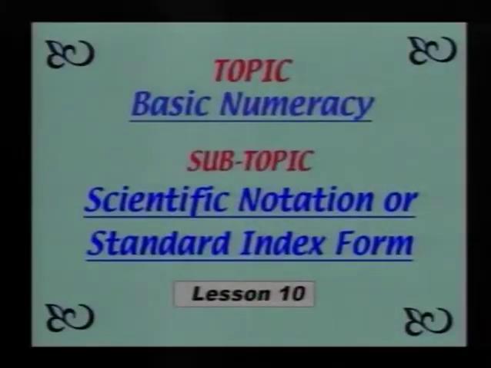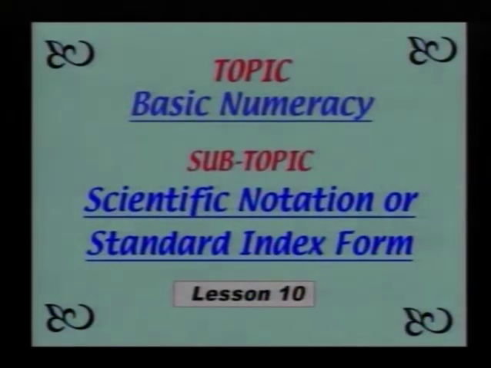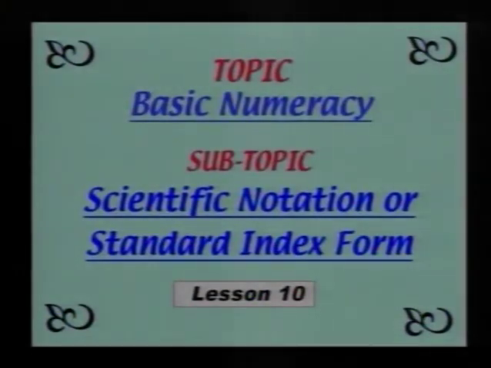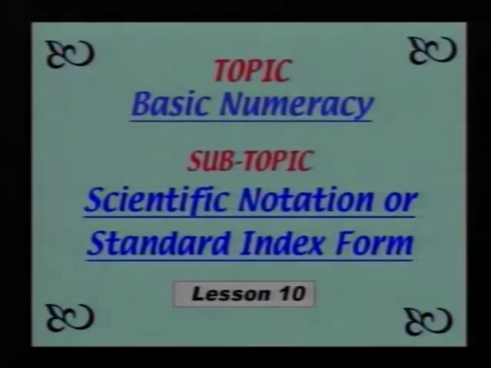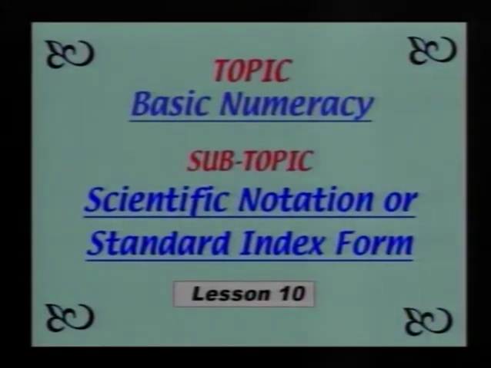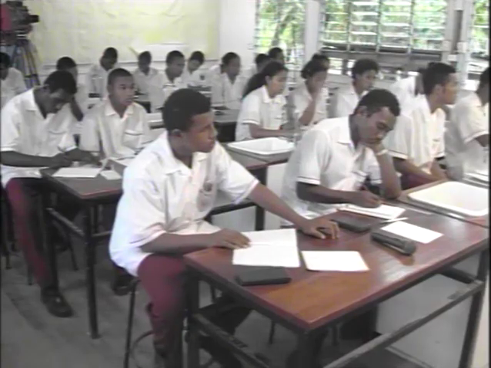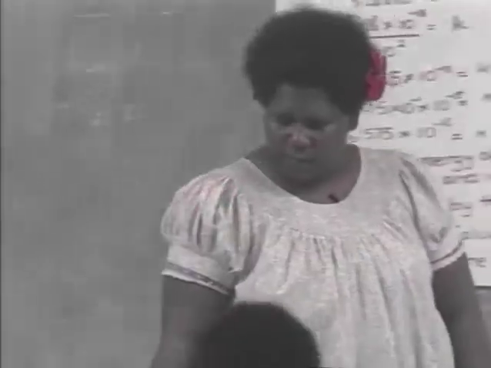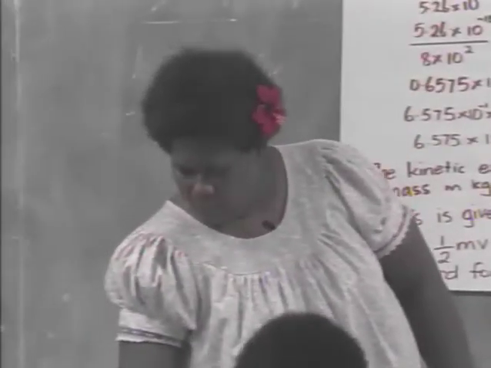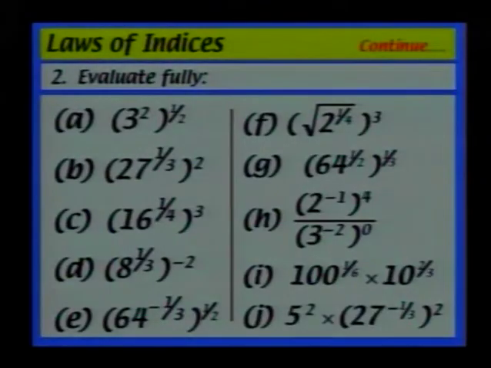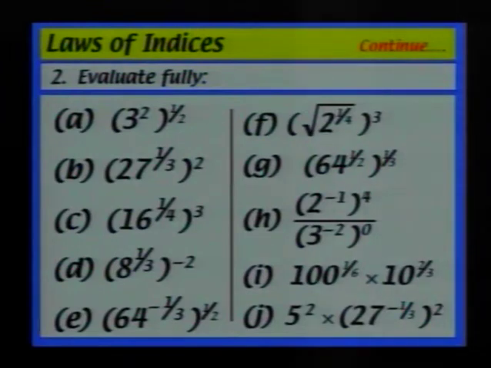Okay. In the previous lesson, we left 4 questions to be answered and explained by 2 groups who didn't have their turn. I think the questions were letters E and F, if I'm correct.